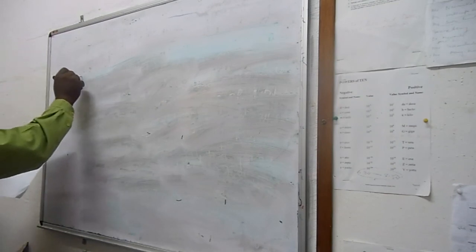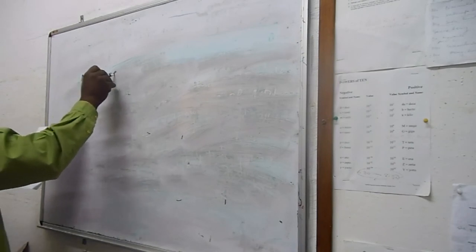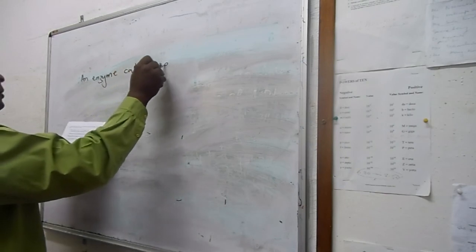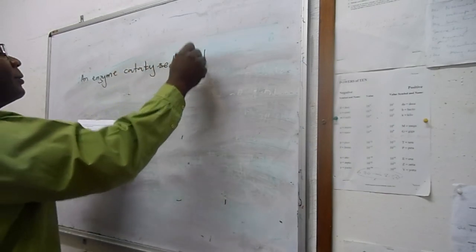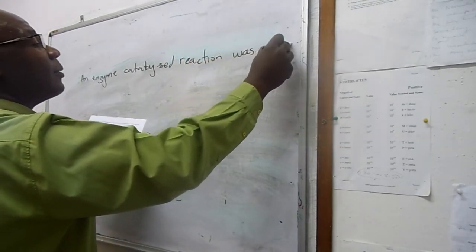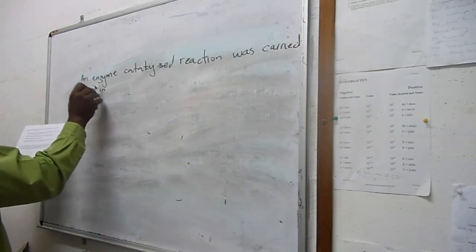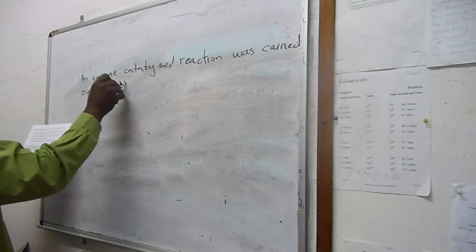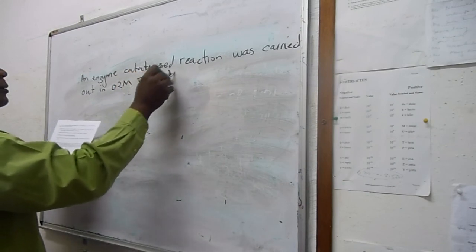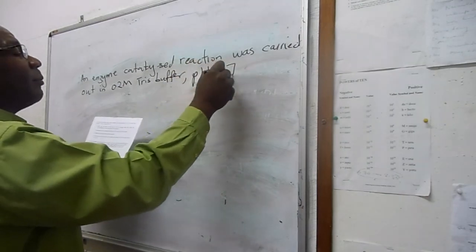Then the other one, an enzyme catalyzed reaction was carried out in 0.2 molar Tris buffer, pH equal to 7.8.